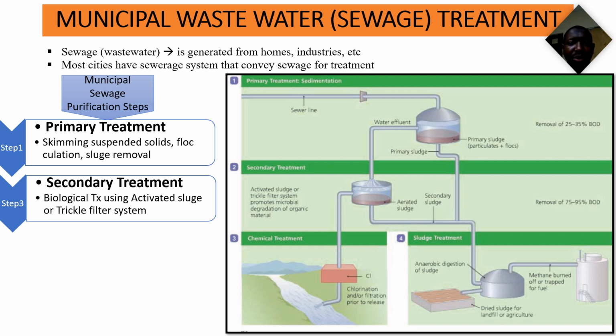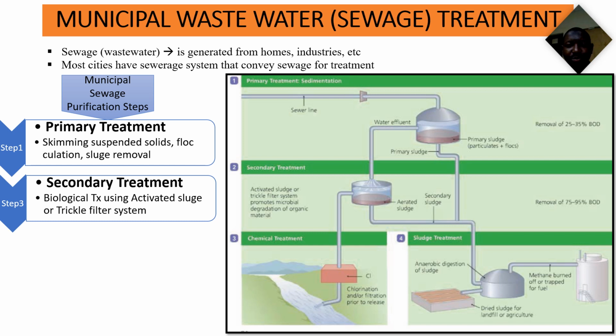The only difference between this activated sludge system and the normal sludge system is that aerobic microorganisms are prepared. The culture of aerobic microorganisms is grown, and then they are seeded in the primary sludge.